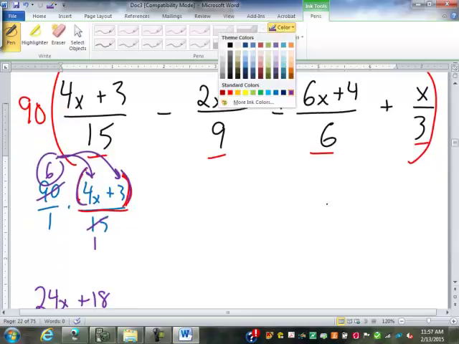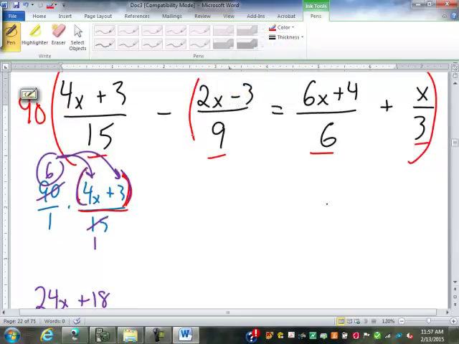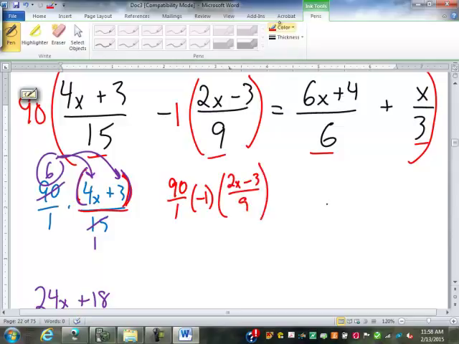This next one is a little bit tricky. This here is already being multiplied by something because of that negative in front. That's negative 1 times that whole thing there. So what we have here is 90 over 1 times negative 1 times the 2x minus 3 over 9. So I'm going to rewrite that.